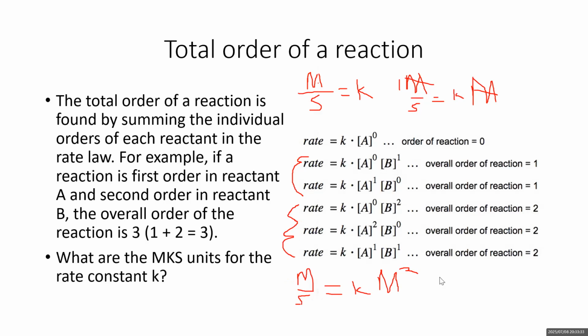And now the units for K: notice we can cancel out one molar from each side. And the units of K here are going to be 1 over molar seconds.